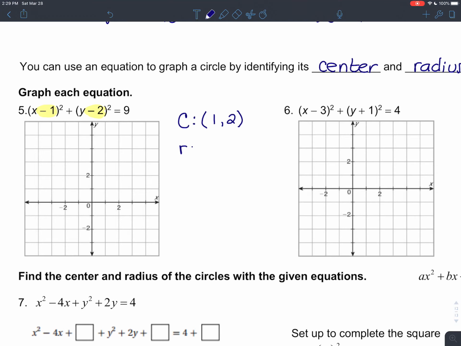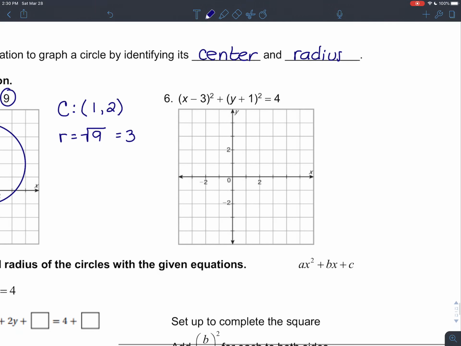And then our radius, we're going to look at that 9, but we're going to take the square root of that number, which gives us 3. So we're going to plot our center, which is at 1, 2. And then with a radius of 3, we're going to go out 1, 2, 3 spots. And that's our circle.